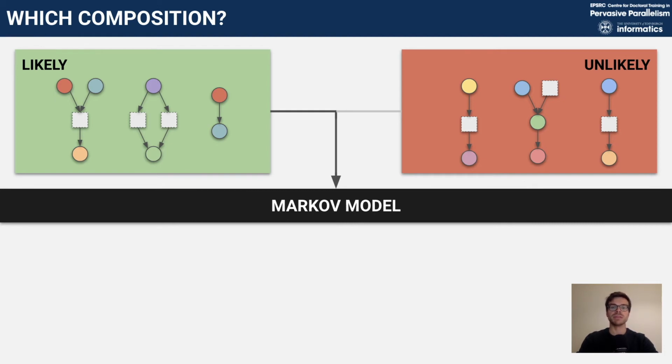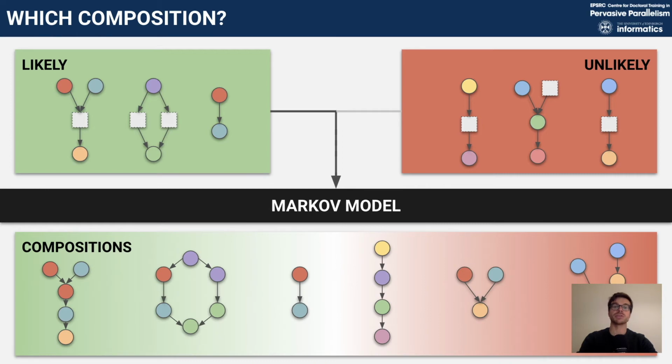This model can be used to generate compositions or sketches from most to least likely. This allows us to prioritize our onward synthesis process towards compositions that are more likely to produce a correct solution.